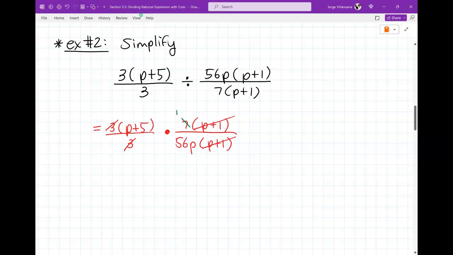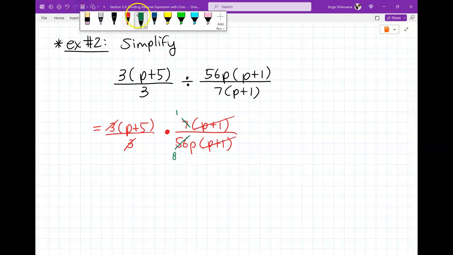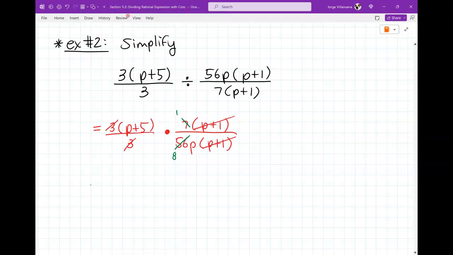So 7 goes into itself once, into 56 8 times, okay? That way you don't see too much chicken scratch, because at that point you can get lost in your own writing. So on the left side, I have a p plus 5 over 1. And on the right side, I have a 1 over 8p. That's all that's left.